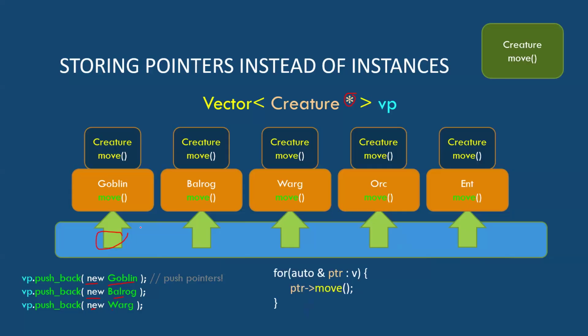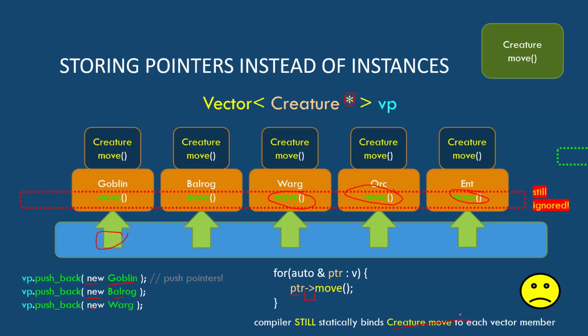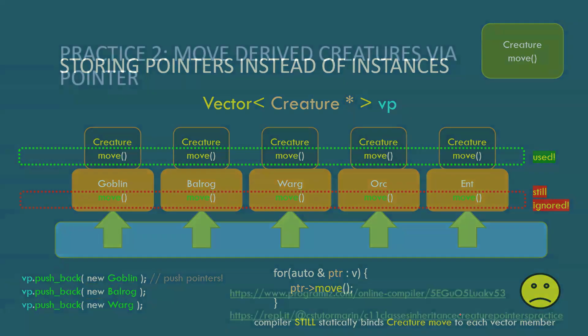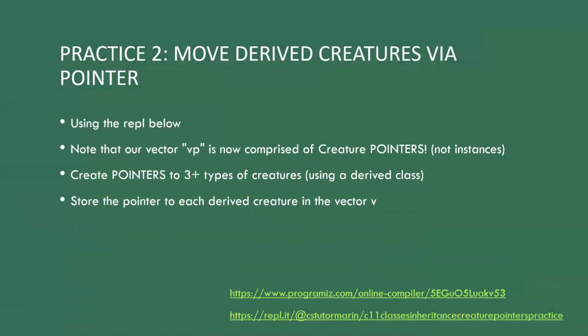Now because it's a pointer, we use our arrow to get access to the method through the pointer and see if we get lucky enough for this thing to move properly in each derived case. Giving away the ending, it's still not doing it because we haven't put that word virtual in there. But let's go take a look at the code and you can fix it on the fly.